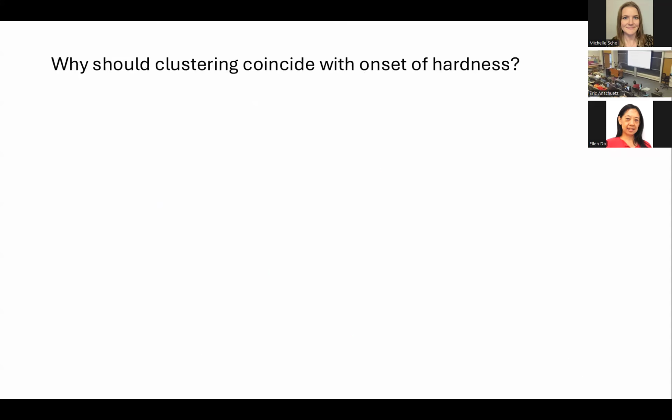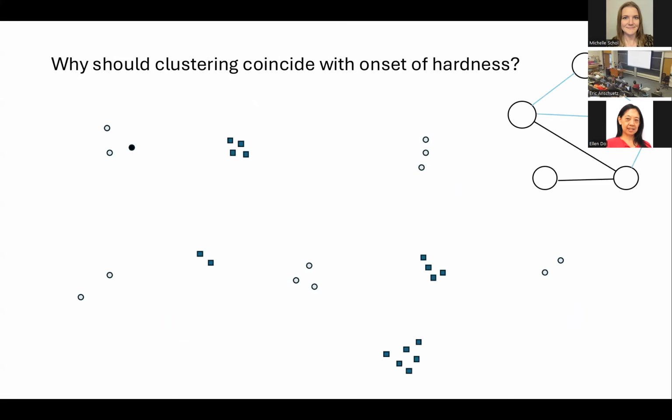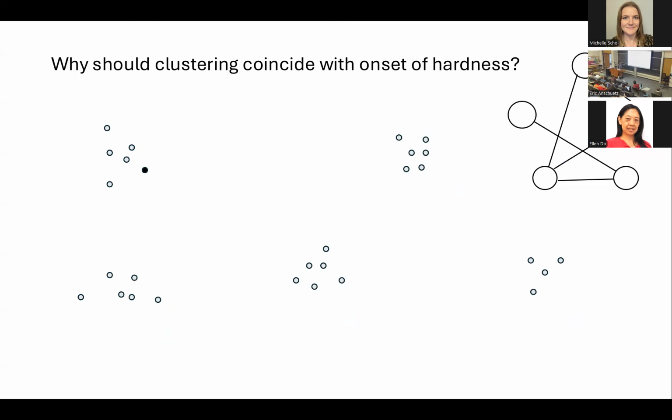So to understand why, I'm going to do the following. I'm going to look at a random graph. I'm going to look at these clusters of solutions. And then I'm going to resample some of these edges. So I look at a single vertex and I just resample whether or not to include these edges in the graph, and I do this repeatedly. Let's say we have an algorithm that outputs one of these configurations.